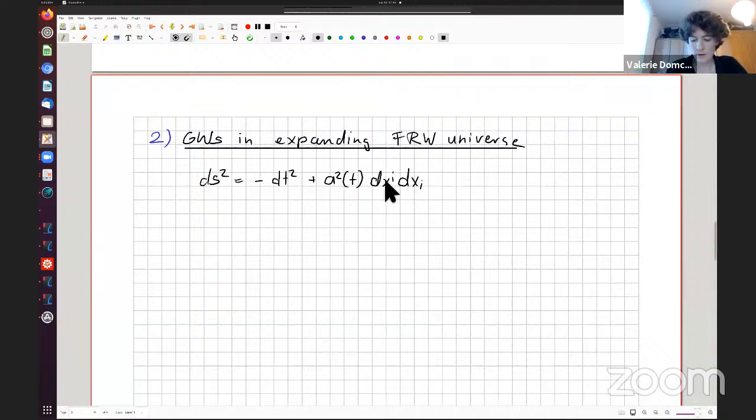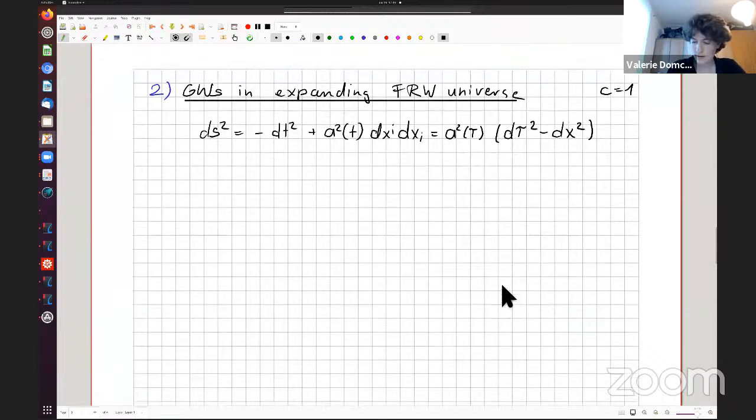And here we just have the usual spatial components. Then it can sometimes also be useful to introduce conformal time. So in conformal time, we take the scale factor all the way to the front, and we introduce conformal time tau, such that everything inside here is just described by the flat Minkowski metric, and we have the scale factor on the outside. And I'll also now be taking c equal to 1 in this part.